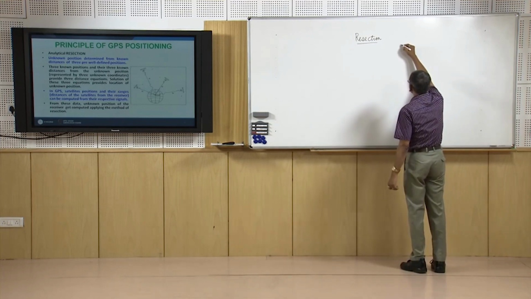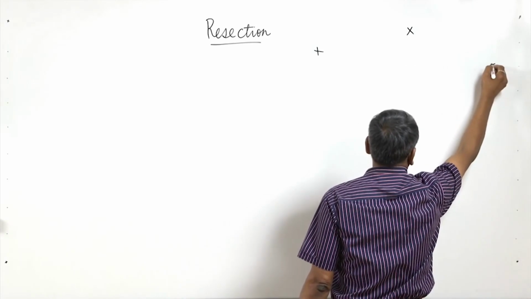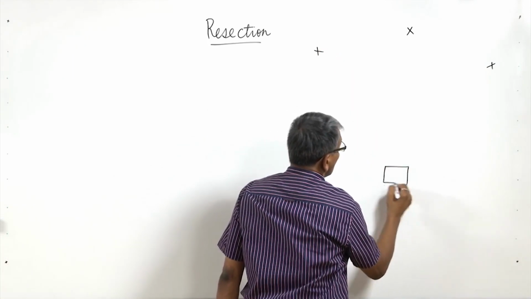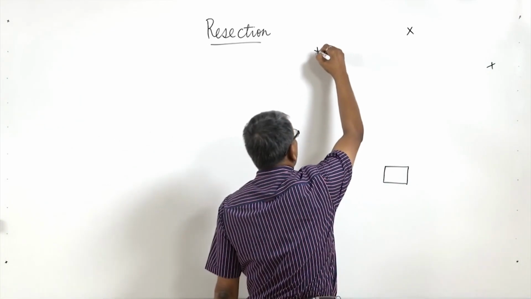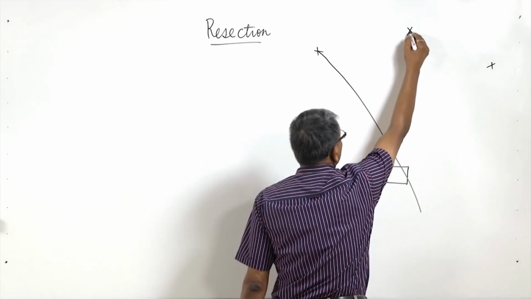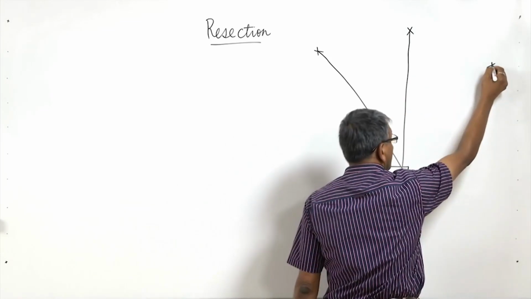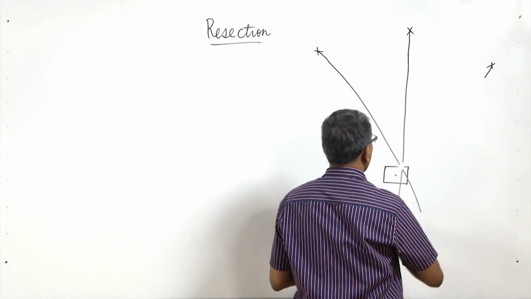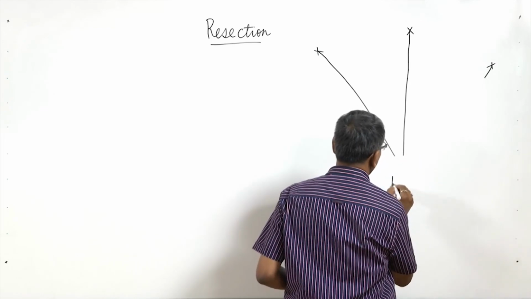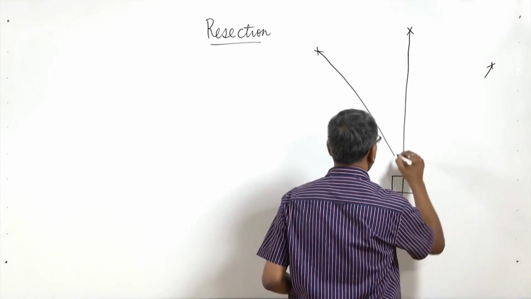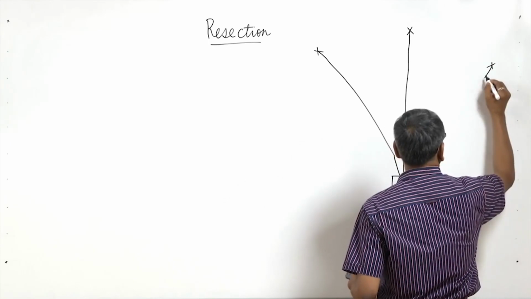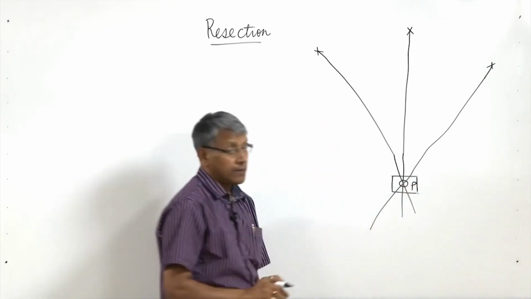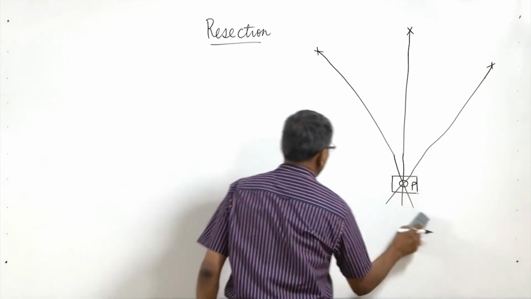In the method of resection, if we know the location of 3 objects, then from an unknown location, if we can observe them and have a line of observation, then the intersection of these 3 lines of observation will provide us the location of the point on which this unknown position is.